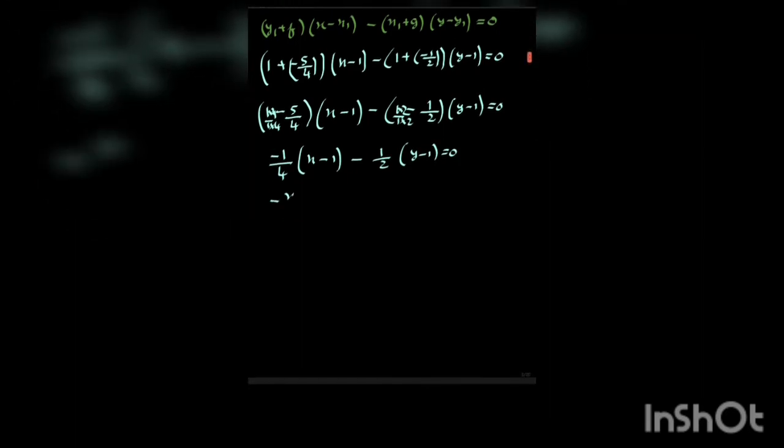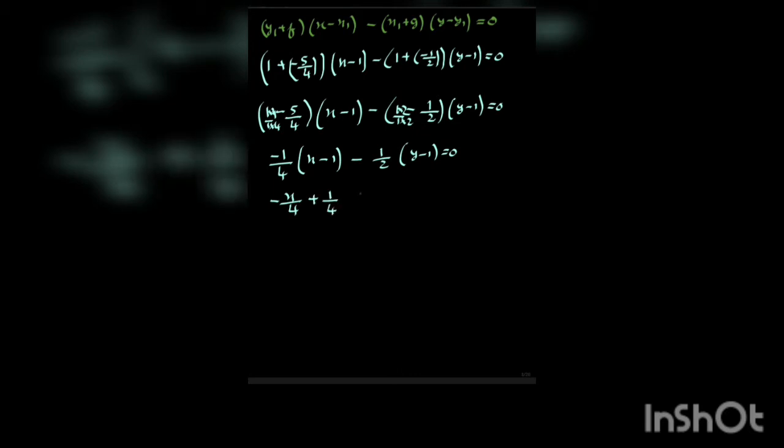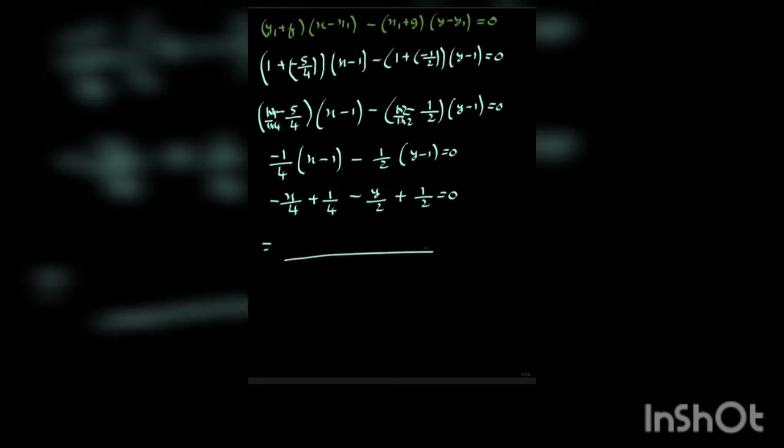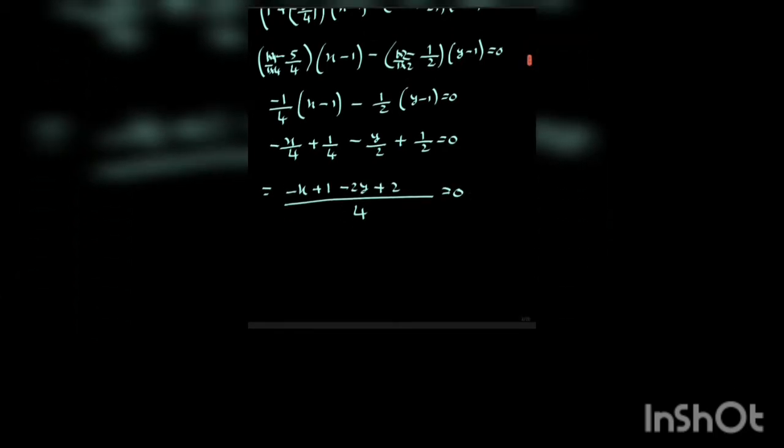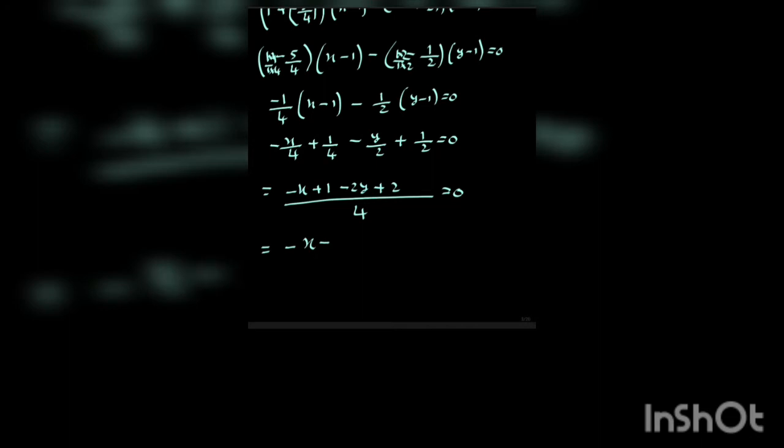So minus x by 4, minus into minus plus 1 by 4, minus y by 2, minus into minus plus 1 by 2 equal to 0. So here LCM is 4: minus x plus 1 minus 2y plus 2 equal to 0, and cross multiplication, 4 into 0 is 0: minus x minus 2y plus 3 equal to 0.